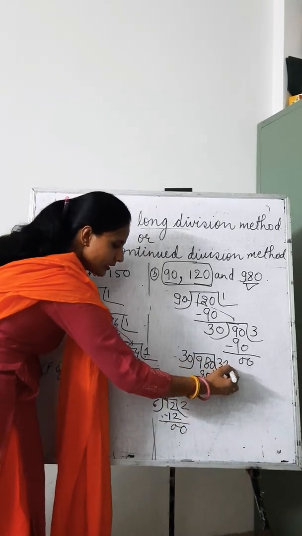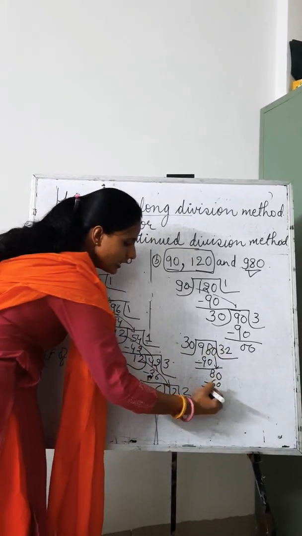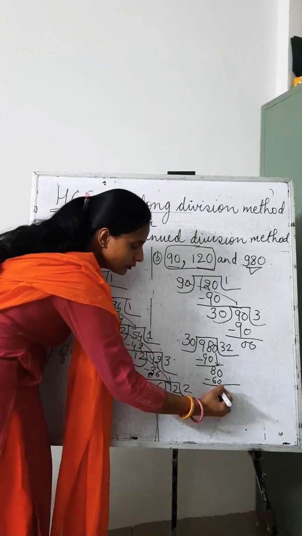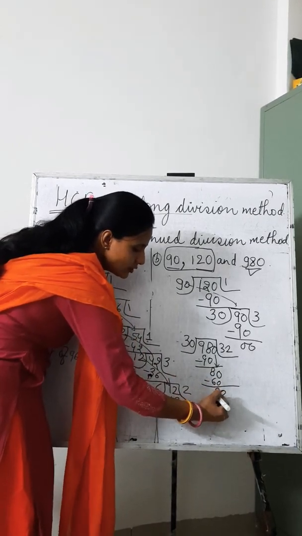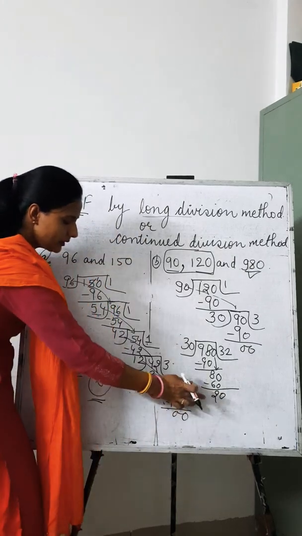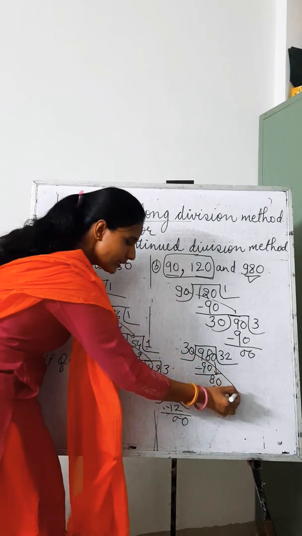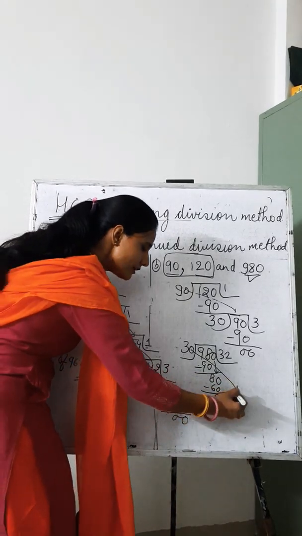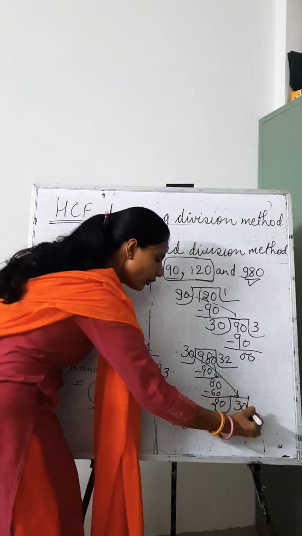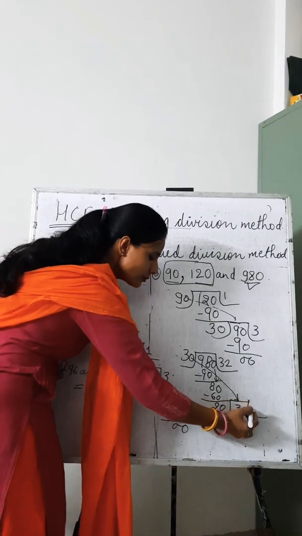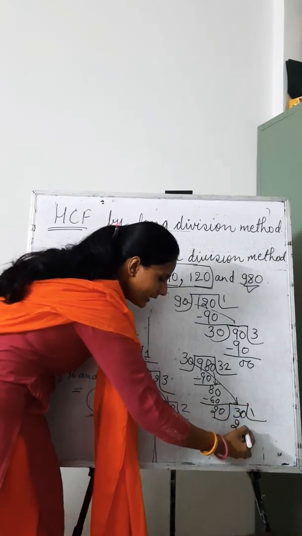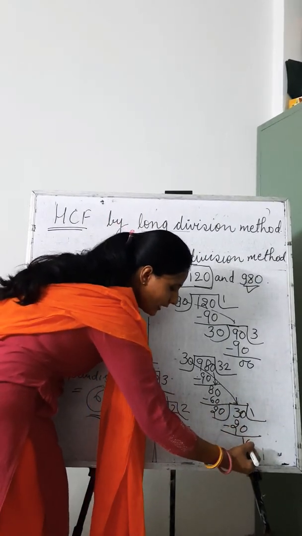That's why 30 2s are 60, and you will get here 0 and 2. But this 20 is smaller than this 30. That is why this 30 will come in the box as a dividend, and you have to continue your division process. 20 ones are 20. Subtract it, you're going to get 10.